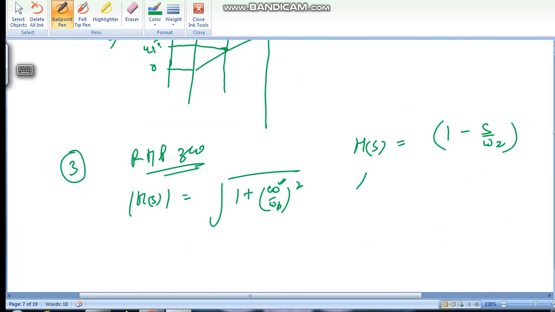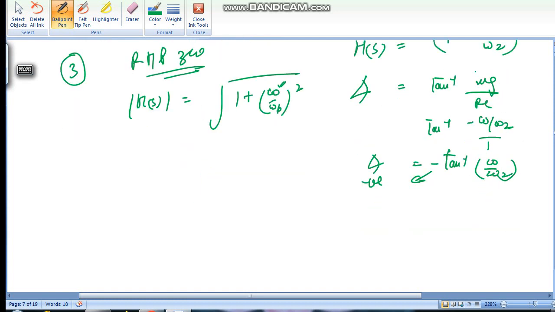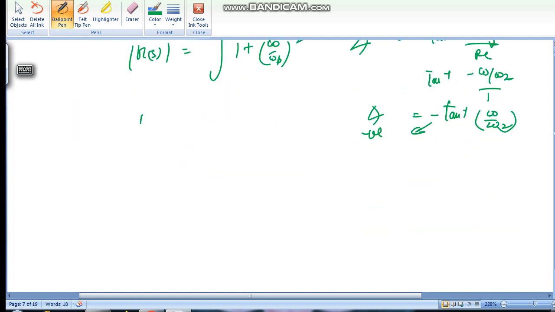Now the phase response is again tan inverse of imaginary part upon real part, so tan inverse of minus omega upon omega z by 1, which equals minus tan inverse omega by omega z. So this negative sign shows that the phase response is like the left hand pole, so it will be like this.